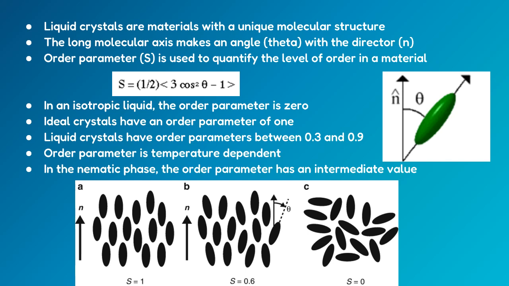Whereas liquid crystals have order parameters between 0.3 to 0.9. Here you can see the order parameter has an intermediate value in nematic phase. The order parameter is also temperature dependent in the case of liquid crystals.